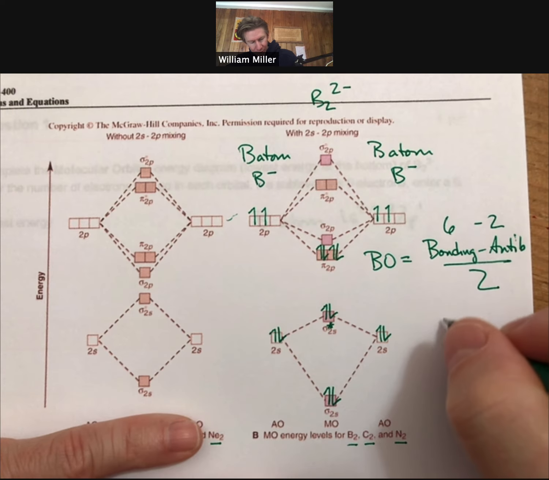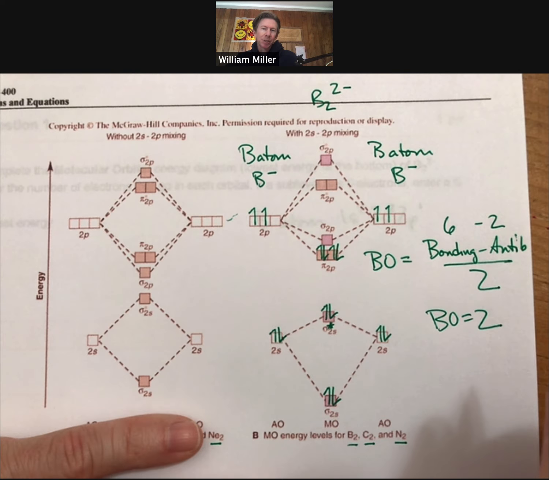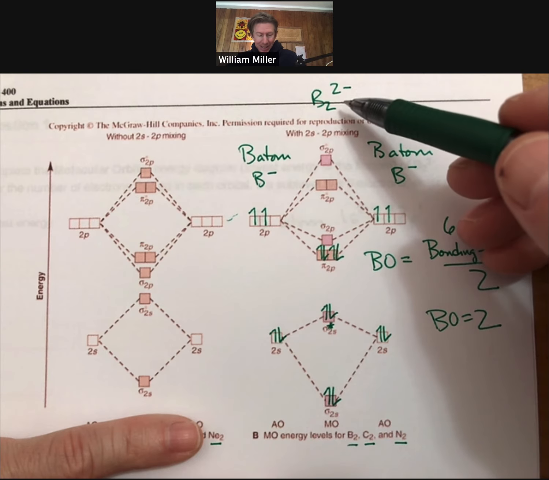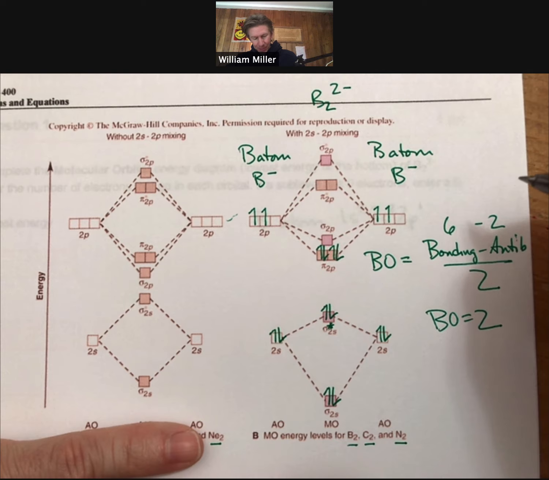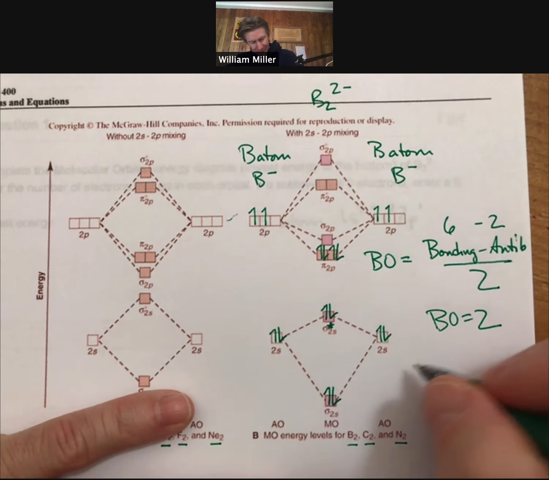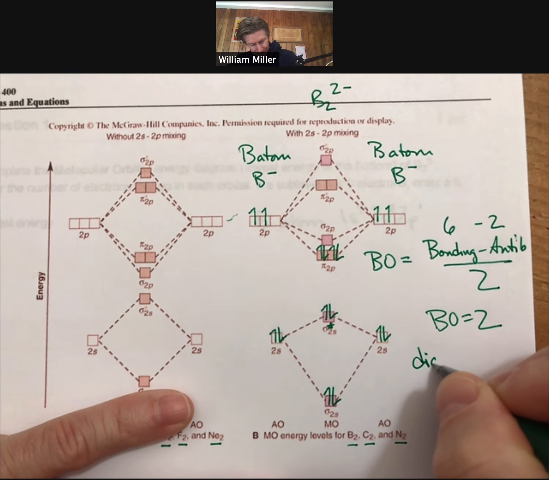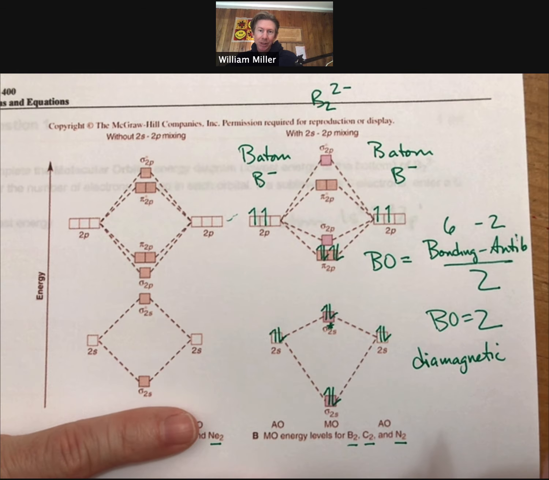That's 4, divided by 2. This has a bond order of 2, so we expect this to be a pretty stable species, even though it's a 2 minus ion. We could also say that since all the electrons are paired, this species is diamagnetic. And I think that's everything we can say.